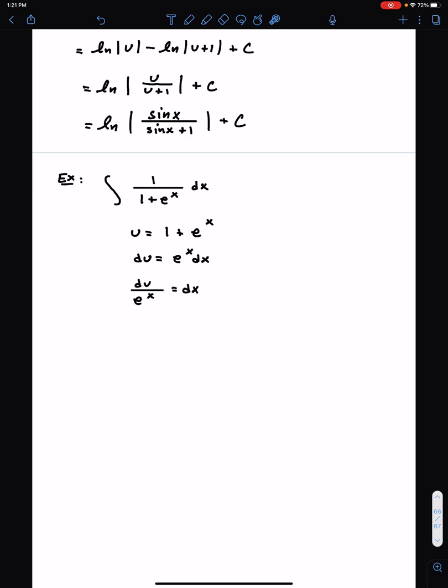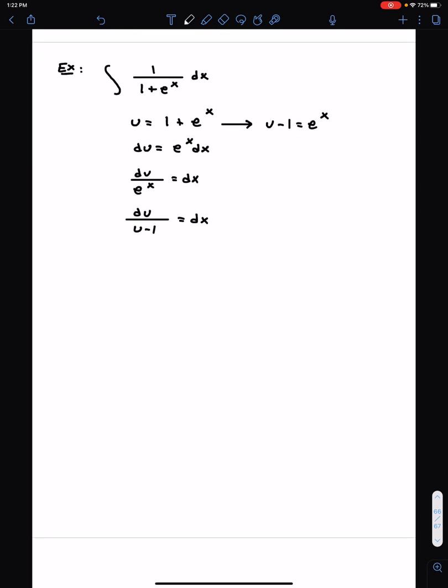When I replace this, I'm mixing u's and x's. So if I want to get rid of this e to the x in terms of u, I'm going to solve this equation in terms of u. So from here, u minus 1 is equal to e to the x. So du divided by u minus 1 is equal to dx.